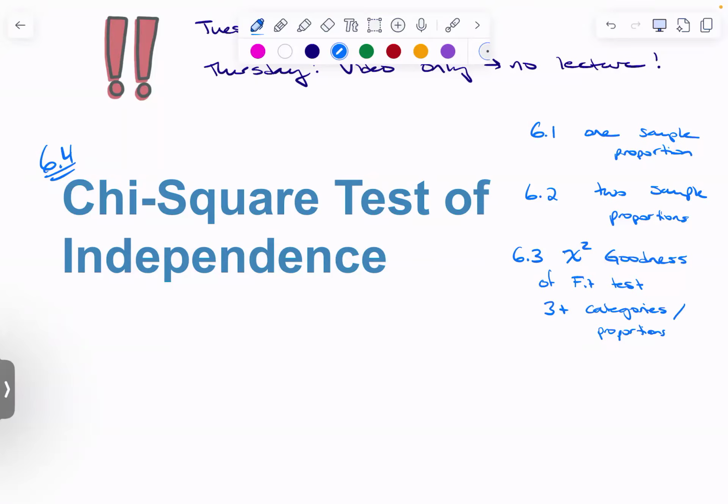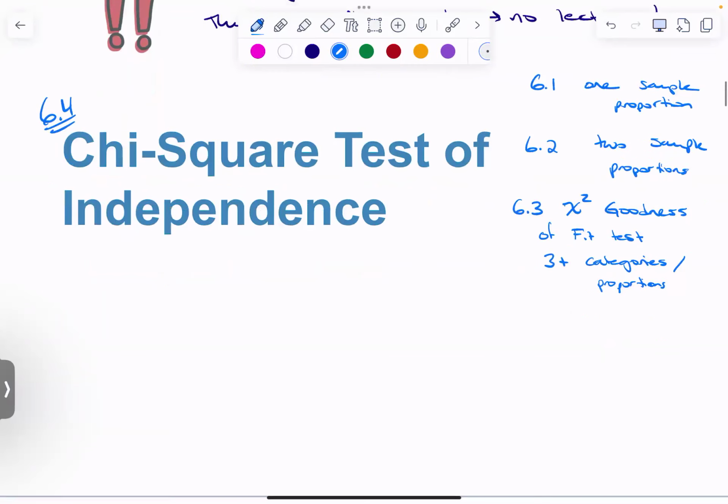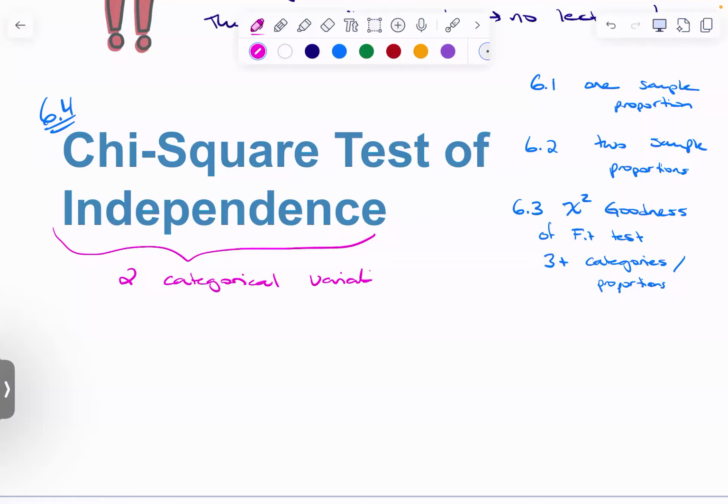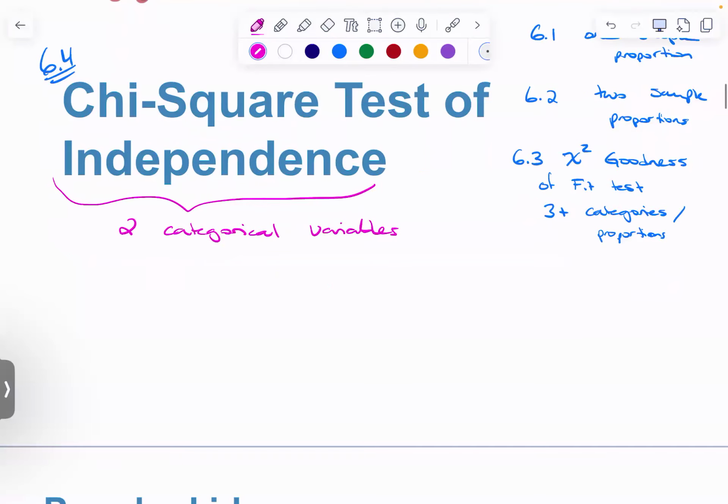So what's our last stop? The chi-square test of independence. Now we're going to have two categorical variables, and we're wondering, are they independent?